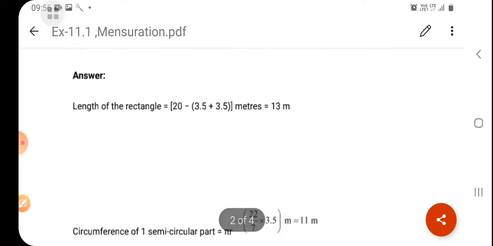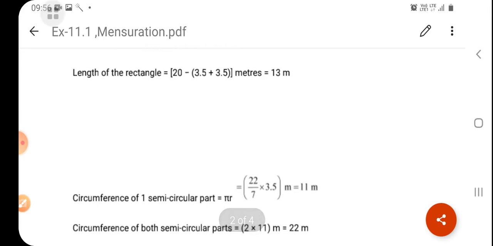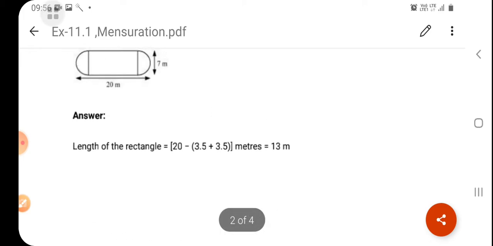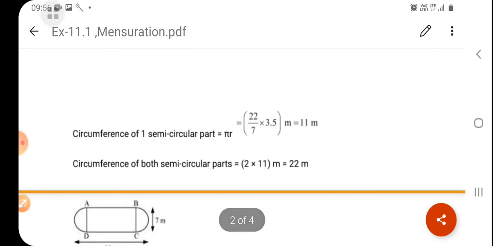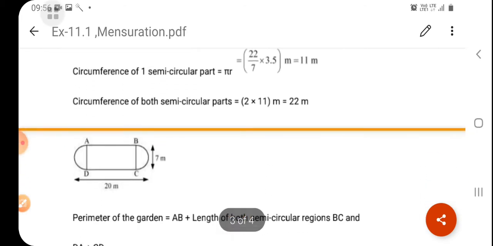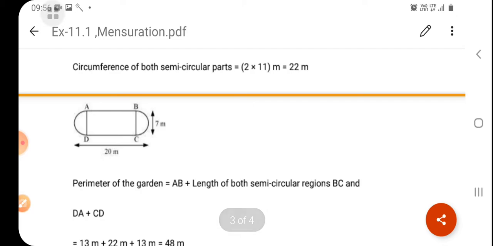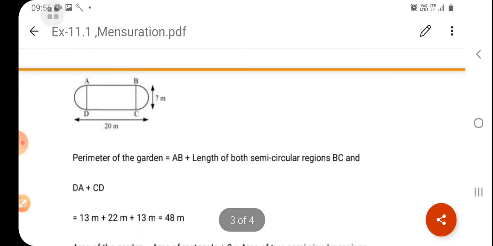Now the circumference of one semicircular part is pi r. Not pi r square, because it is a semicircle. So pi r is 22 upon 7 into 3.5, that is 11 meter, and the circumference of both semicircular parts is 22 meter, that is 2 into 11. Now the perimeter of the garden is equal to AB plus the length of both semicircular regions BC and DA plus CD.